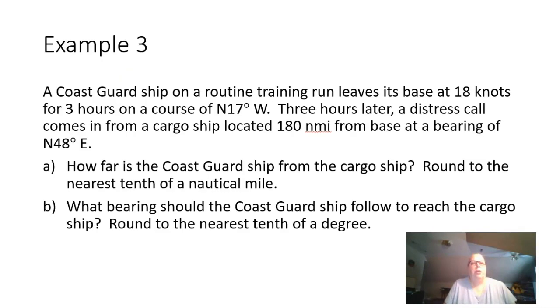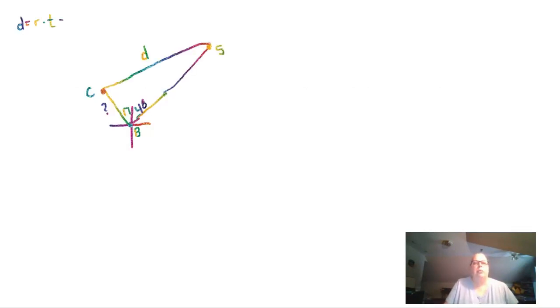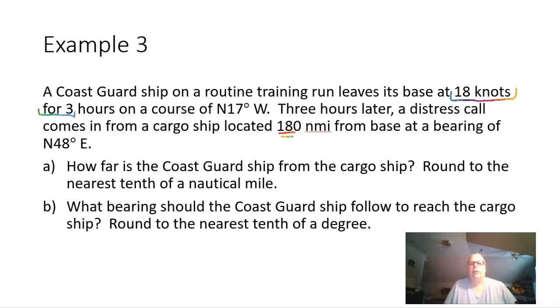And in this case, we know that the Coast Guard ship is traveling at 18 knots, and here's the time, 3 hours. So we can figure out what that side is by multiplying 18 times 3. And that's going to give me 54. All right, so this side right here is going to measure 54. And this side was given to me to be 180 in my problem right here.